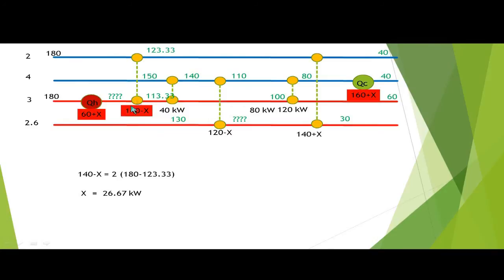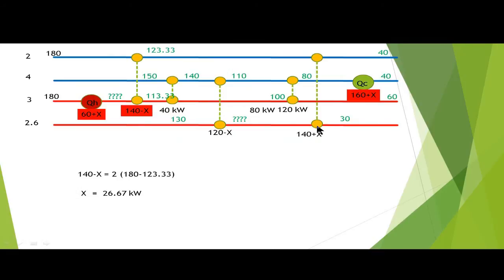And now I can substitute that and find out the temperature of this. Of course, when x changes, x should be added here and then subtracted here to maintain the heating load for this stream line.